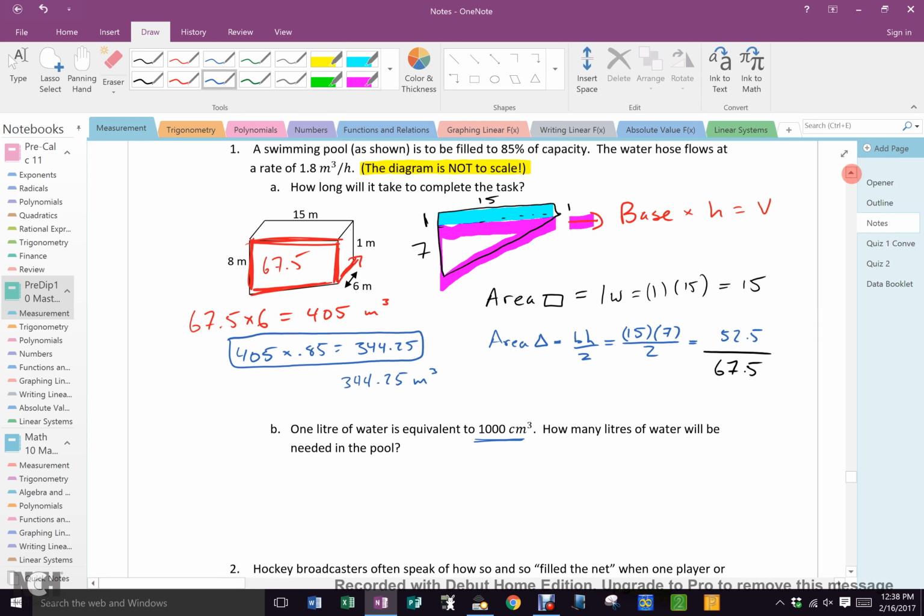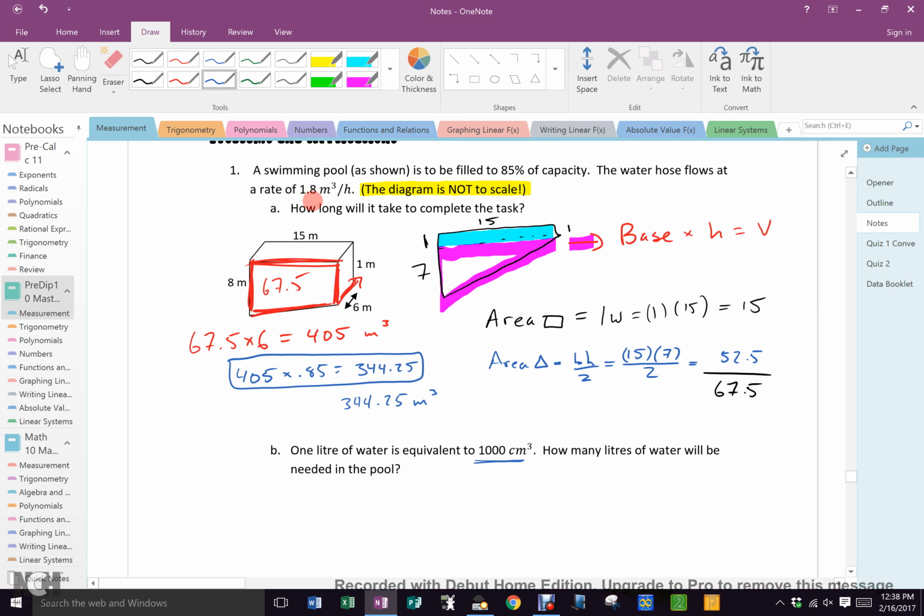Sorry, it'll take 1.8 meters per hour. So what do I have to do with that? I've got to divide by 1.8. And it will take like 191 hours or something, right? 191 hours, 15 minutes. Cool?